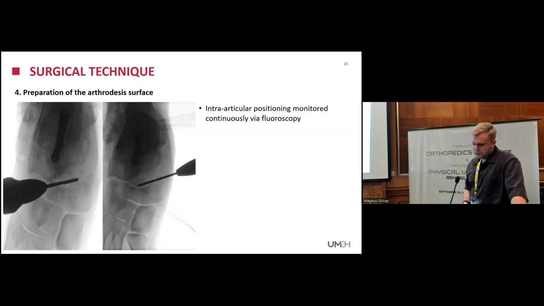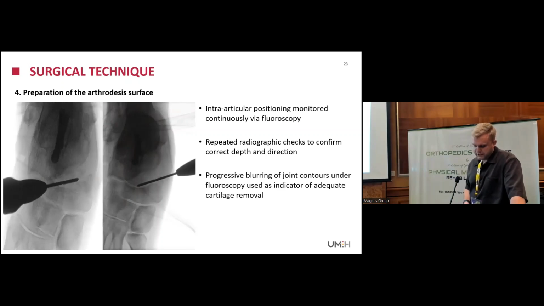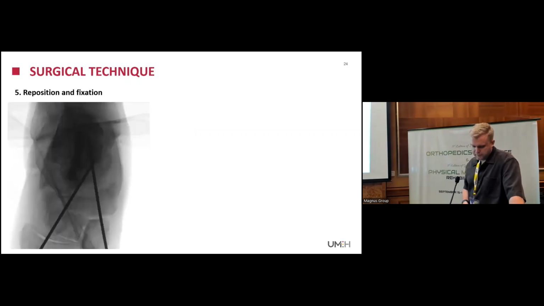You have to position it intra-articular and monitor it continuously via X-ray. Then you repeat your radiographic checks to confirm the correct depth and direction of your preparation, and the progressive blurring of the joint contours under the X-ray is used as an indicator of adequate cartilage removal.